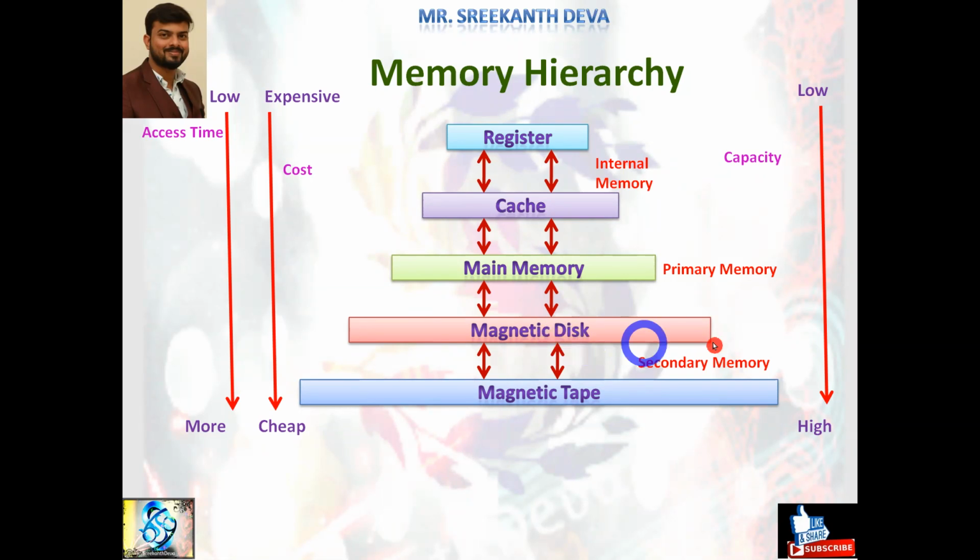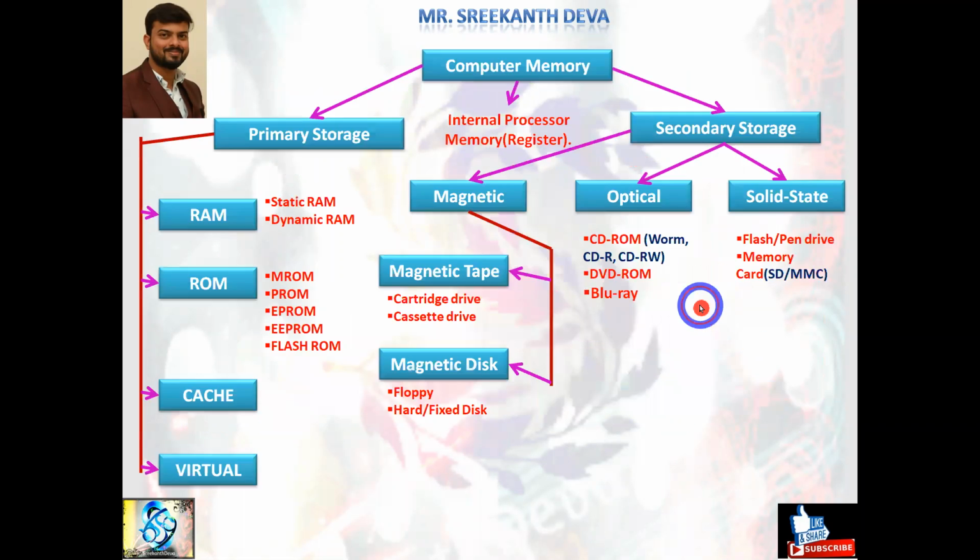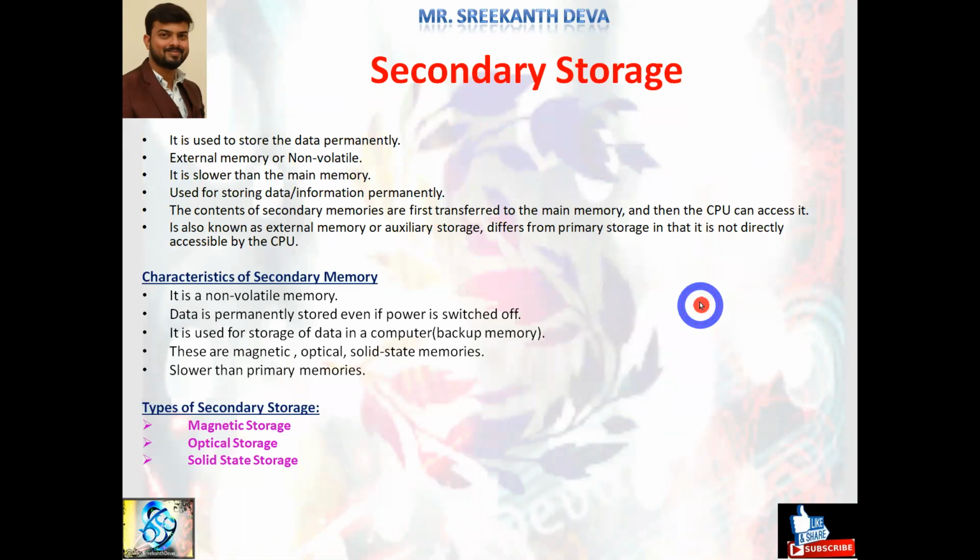But what is the advantage? It has a huge storage capacity compared to internal memories and primary memories. Magnetic disk and magnetic tape can store a large volume of data. Okay.